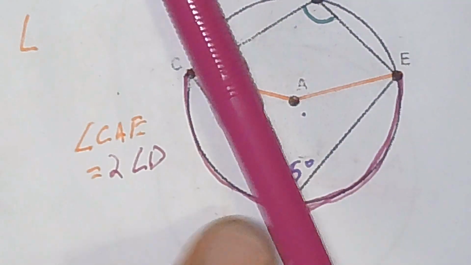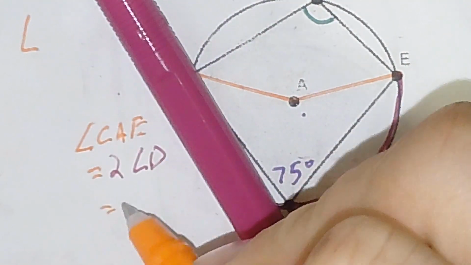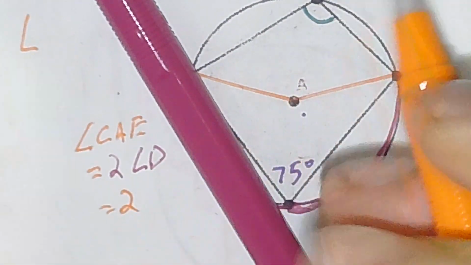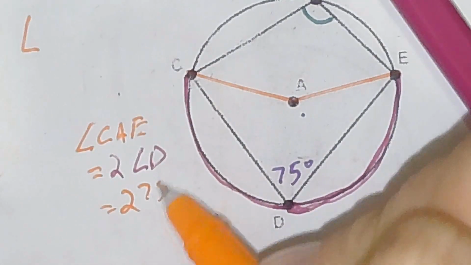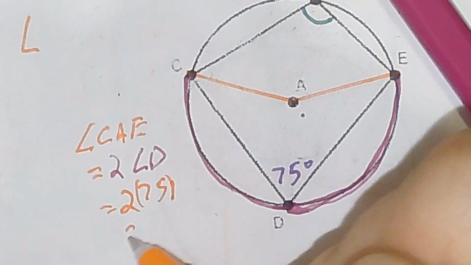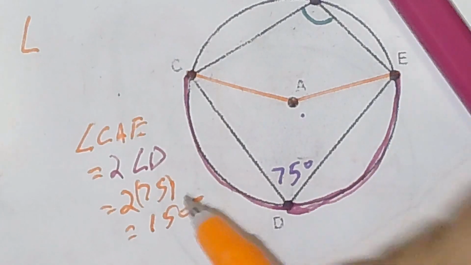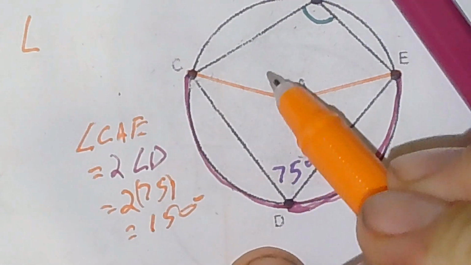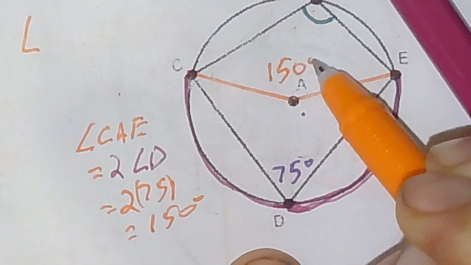So it equals 2 times 75 equals 150 degrees.